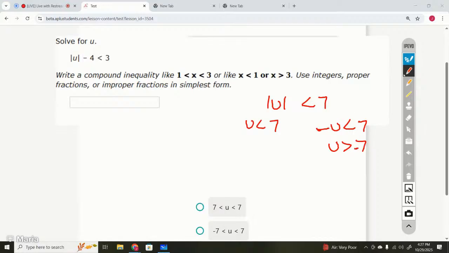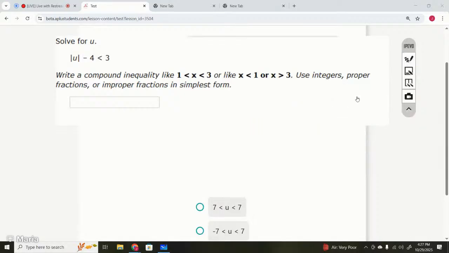So u is greater than negative 7. So negative 7 is less than u less than 7.